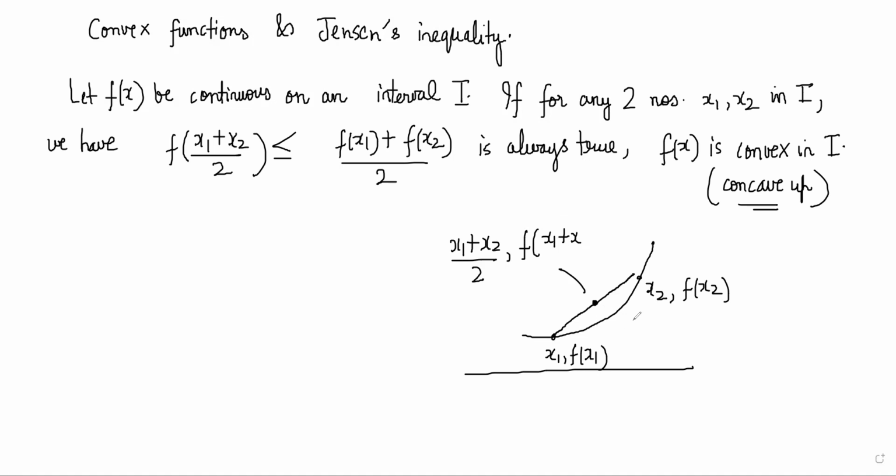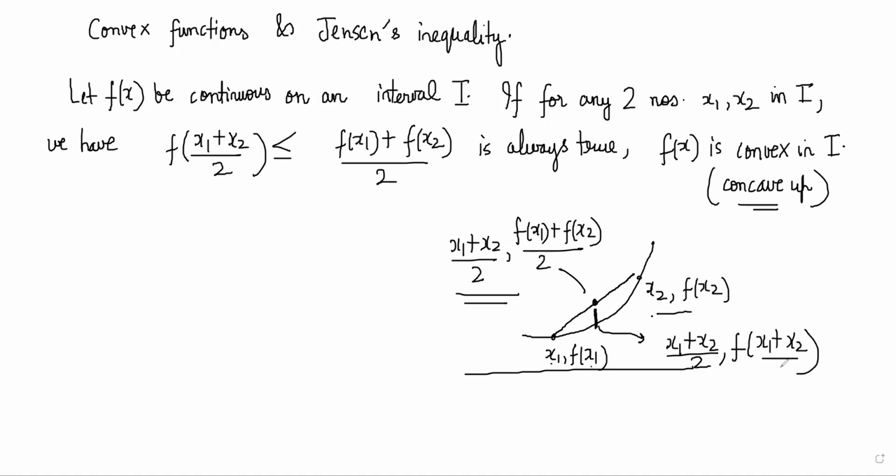Actually, I have made a mistake here. The y coordinate of this would be (f of x1 plus f of x2) whole divided by 2. That is the midpoint of these 2 points, right? And that is higher than this point, which is (x1 plus x2) by 2, comma f of (x1 plus x2) by 2.